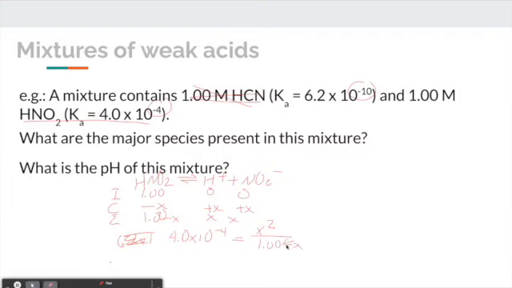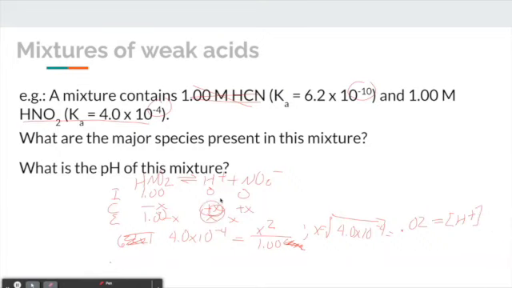And I'm going to make the simplifying assumption that I can drop that x in the denominator and ignore it to make my calculation simpler. So x is just going to be the square root of my Ka of 4 times 10 to the minus 4, and that's 0.02. That is equal to the concentration of H plus, because that's what x means in our chart.